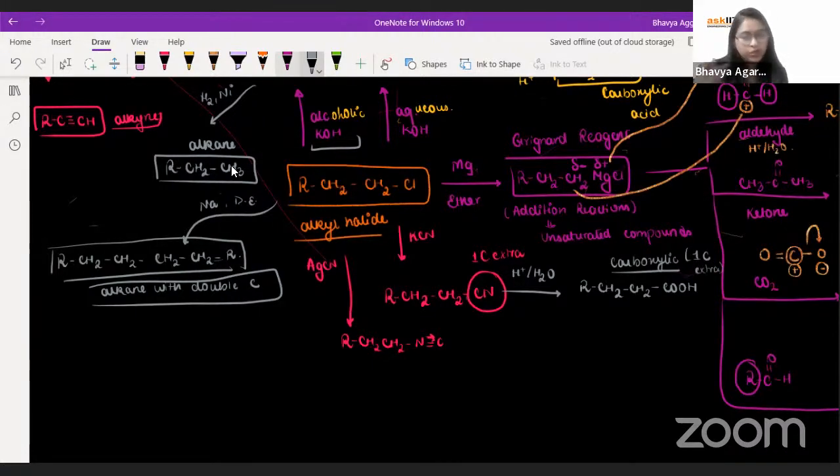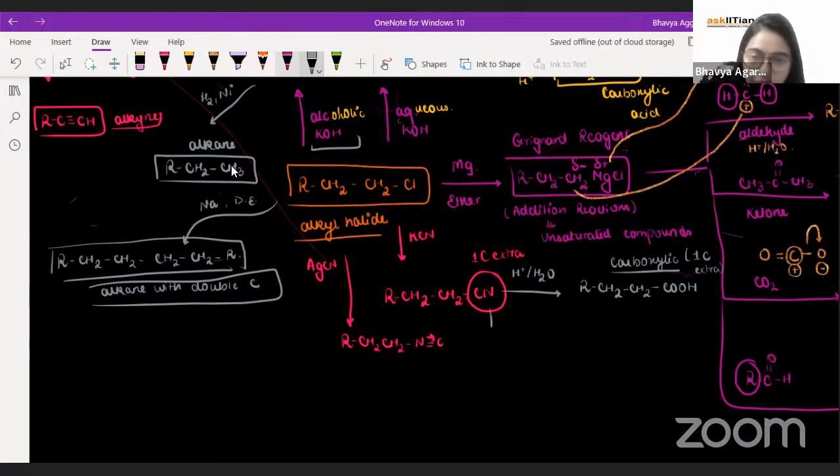Now you can do the same stuff, like reduce it to CH2OH, then convert it into alkene. So you just look at how many carbons you actually require in the final product.